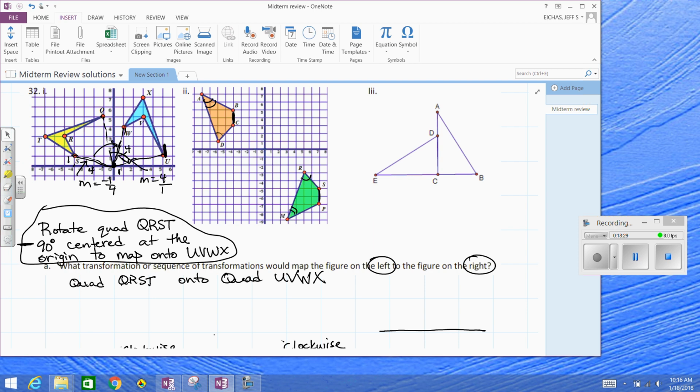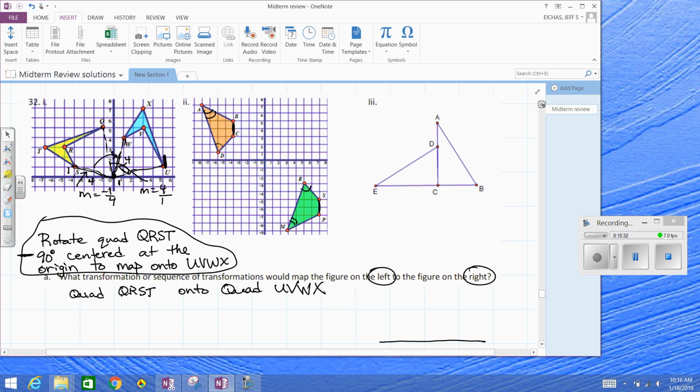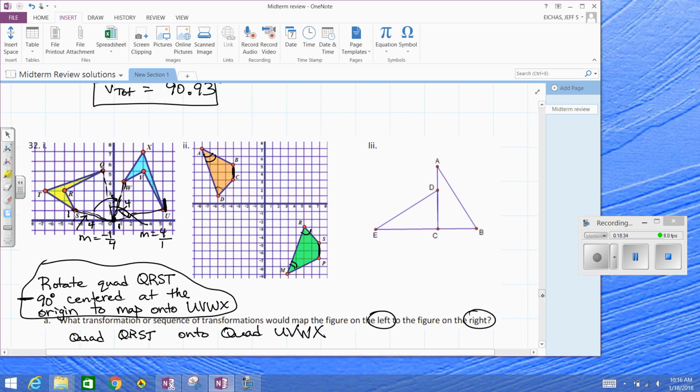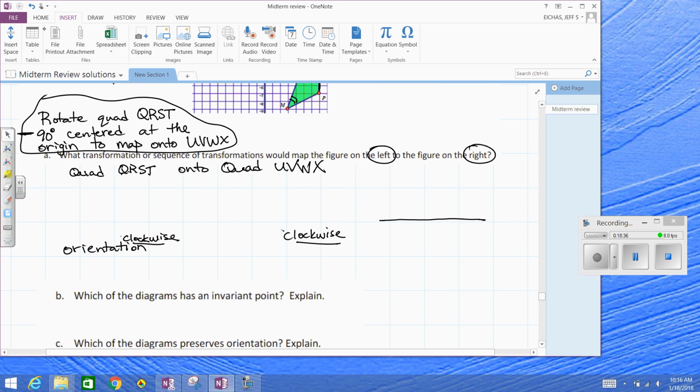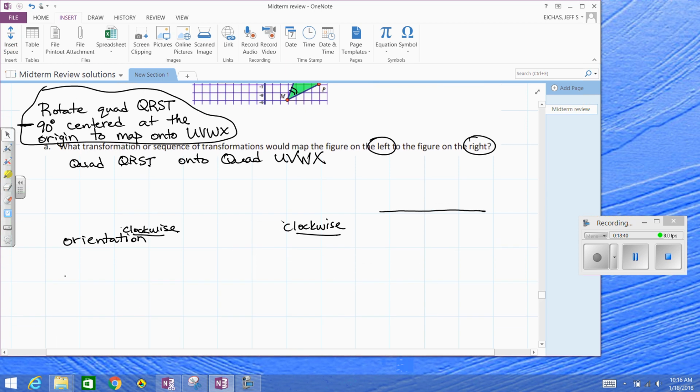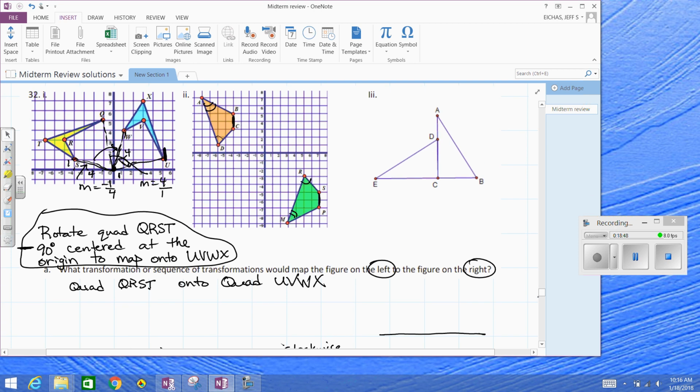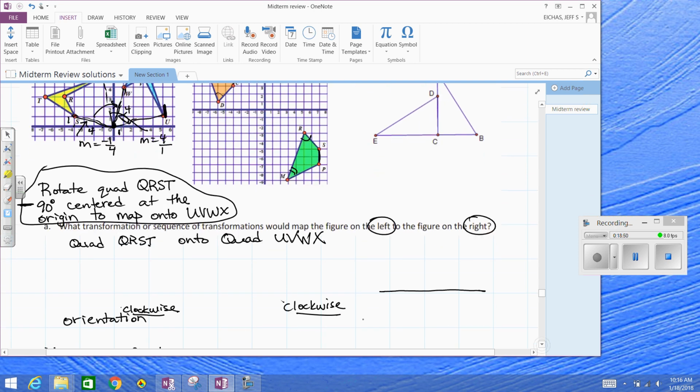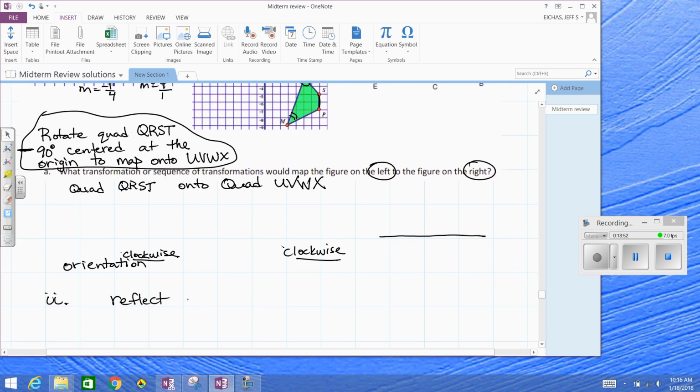What I'm going to pick for this one, for this choice 2, all right, I'll get some more room here. So for the second one, what it looks to me like is that I'm going to reflect quadrilateral A, B, C, D over the x-axis.